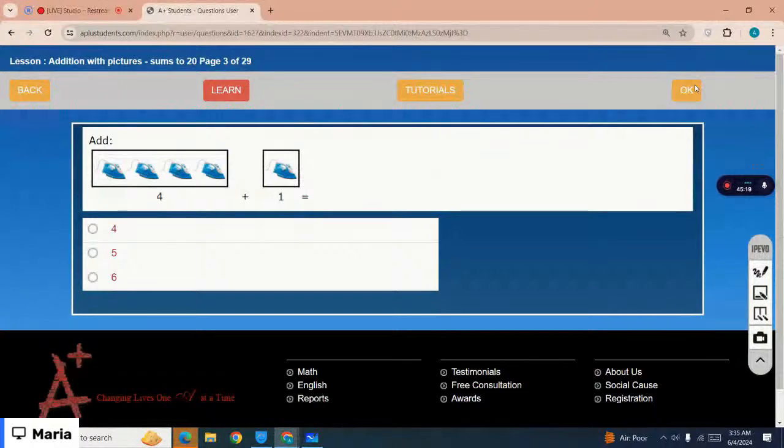Add 4 plus 1. So 4 plus 1 is 5. Yes, the correct option is 5. Option number 2 is the correct option.